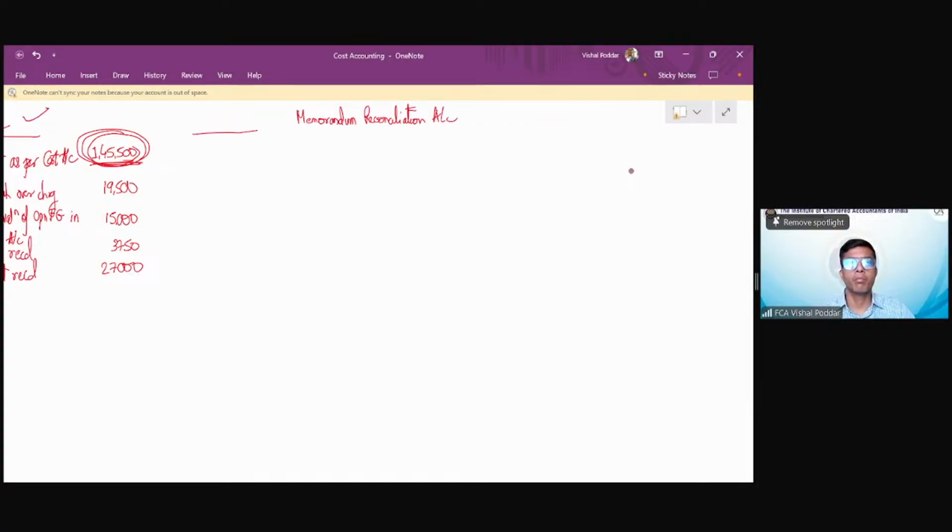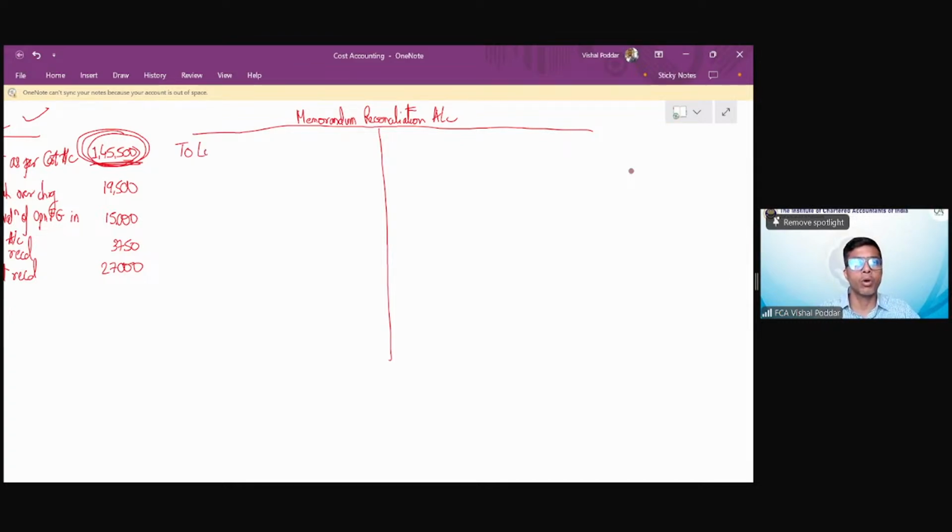I will prepare memorandum reconciliation account. Now, opening balance is a loss. Again, beta, see the logic. What is the balance for a loss? Is it debit or credit? Losses, opening balance is debit. So I will start by putting the opening balance of loss here. And as I said, I'm taking the financial loss as the starting point.